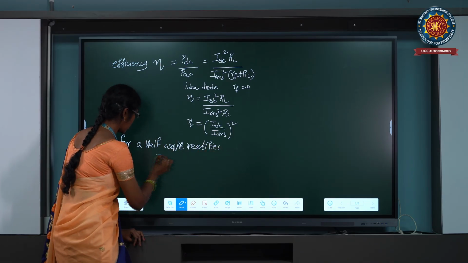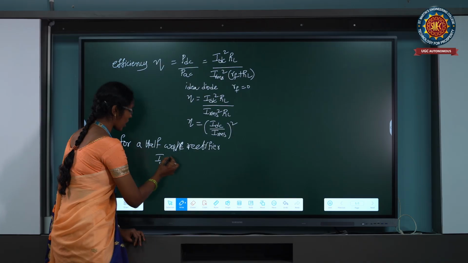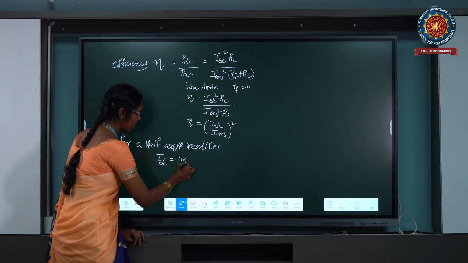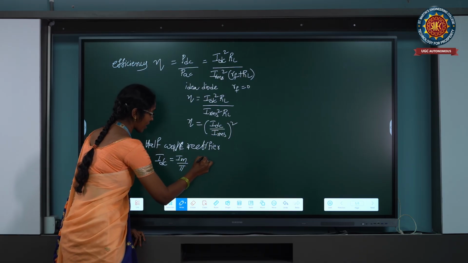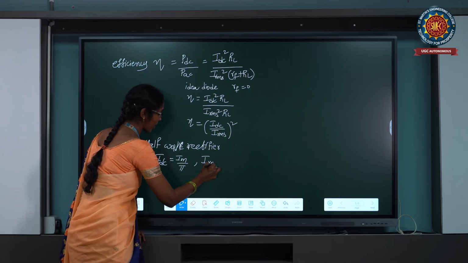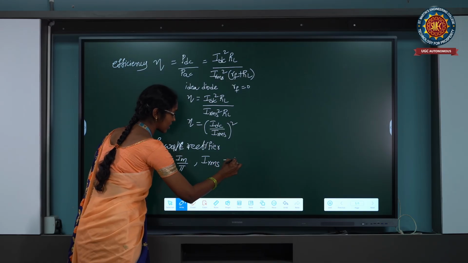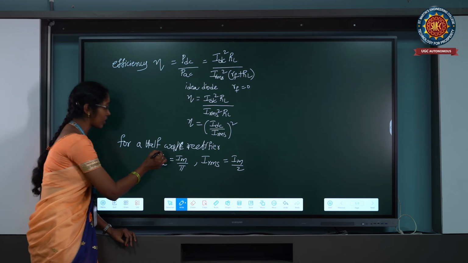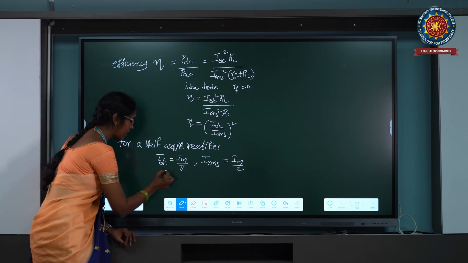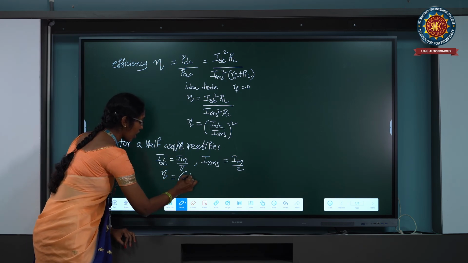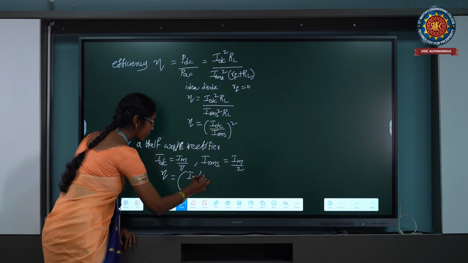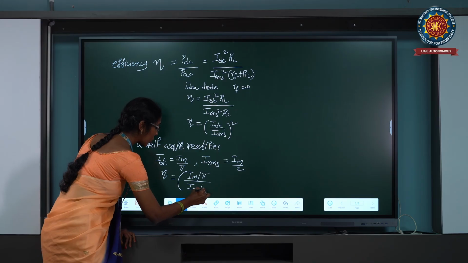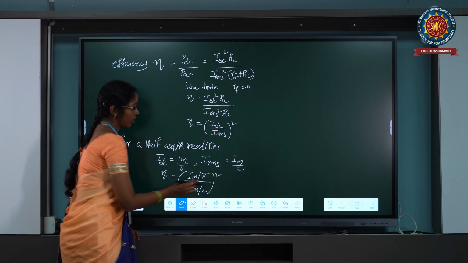IDC, meaning DC current value or average current value, is equal to Im by pi, and the root mean square value of the current, IRMS, is equal to Im by 2. By substituting these two values in the above formula, efficiency eta is equal to Im by pi by Im by 2 whole square.